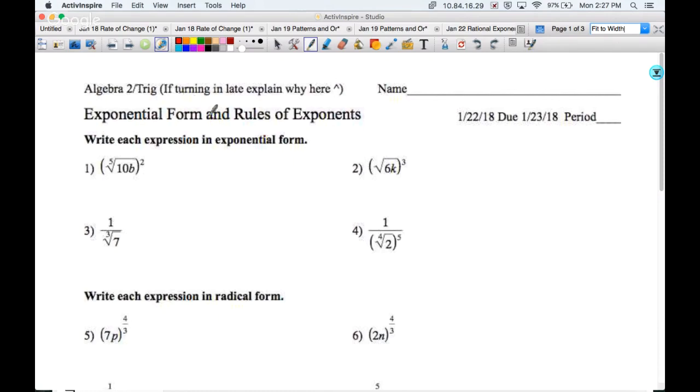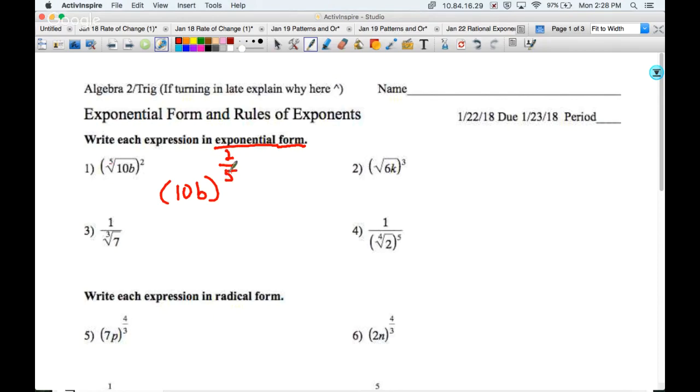Starting with number one. Write each expression in exponential form. So in exponential form, I don't want any radicals in my final answer. To convert this to exponential form, it follows the same pattern each time. Take the radicand, put it in a set of parentheses so that it's all stuck together, and raise it to the power of whatever exponent is out here divided by the index.